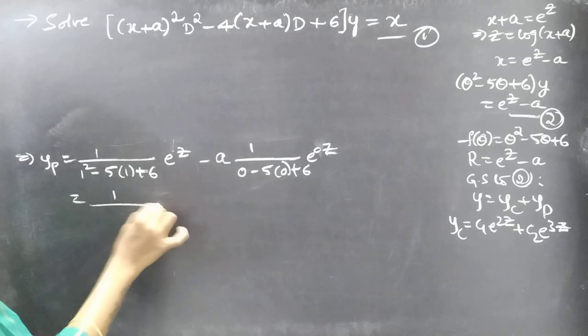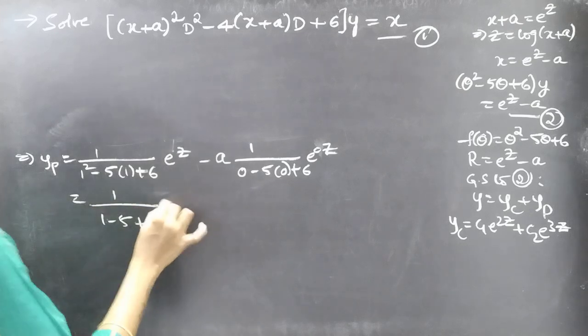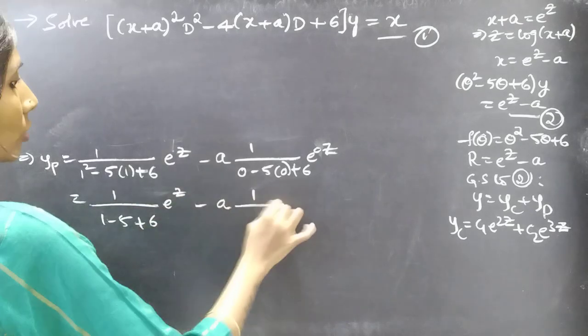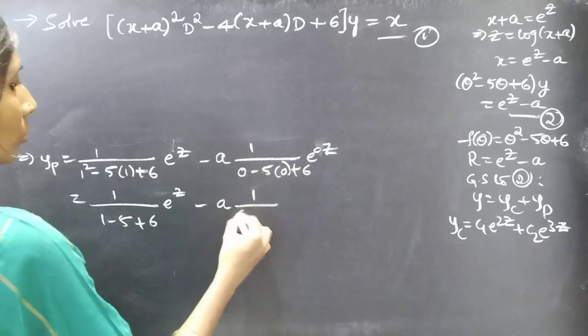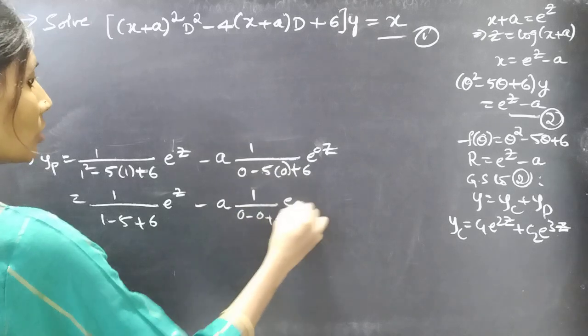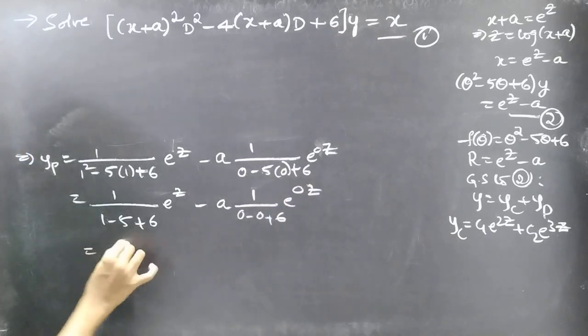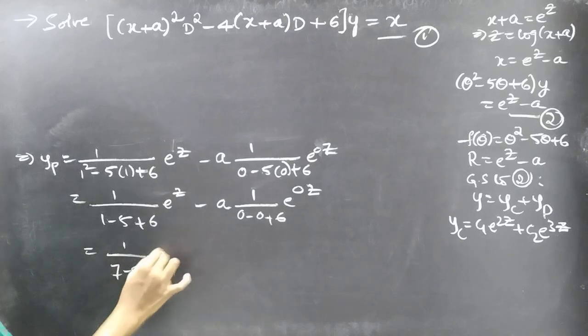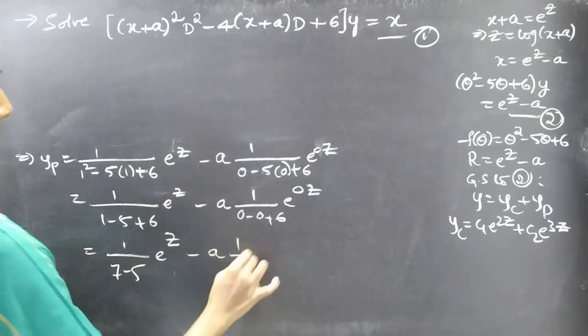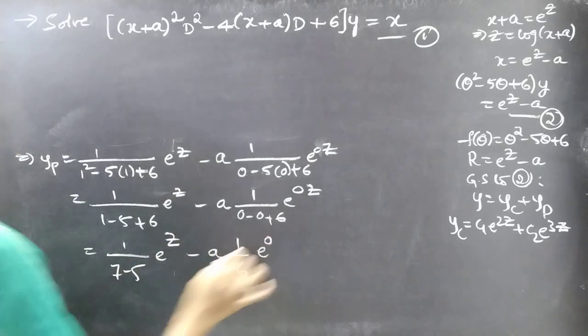This gives us 1 by 1 minus 5 plus 6 into e power z, minus a into 1 by 0 minus 0 plus 6 into e power 0z. This equals 1 by 7 minus 5 into e power z, minus a into 1 by 6 into e power 0z, which is e power 0.